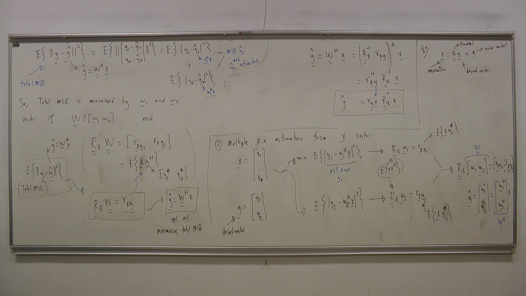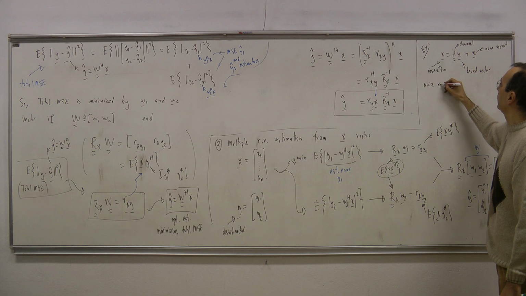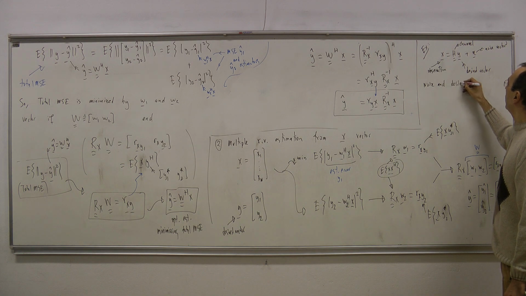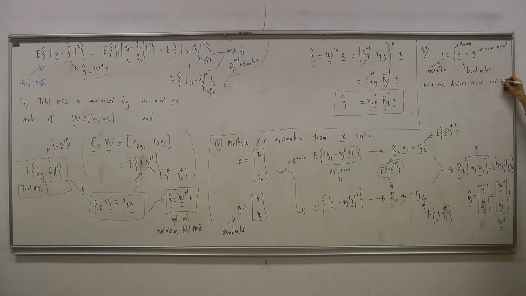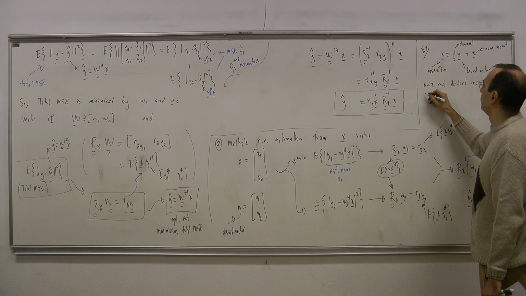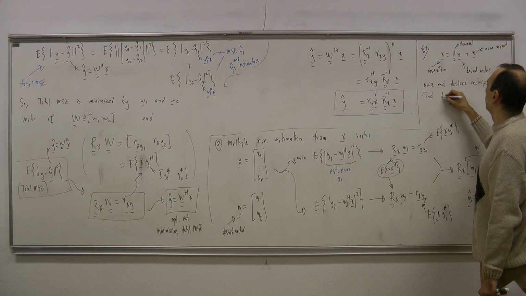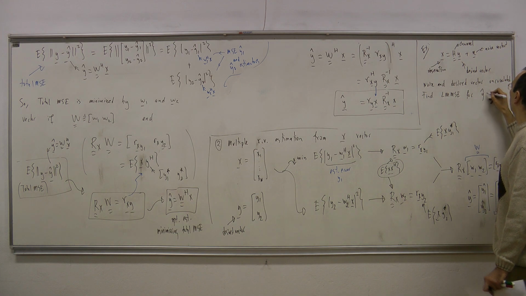The noise and the desired vector, we assume they're uncorrelated. Then I want to estimate y hat. Well, find the linear minimum mean square estimator for y hat.